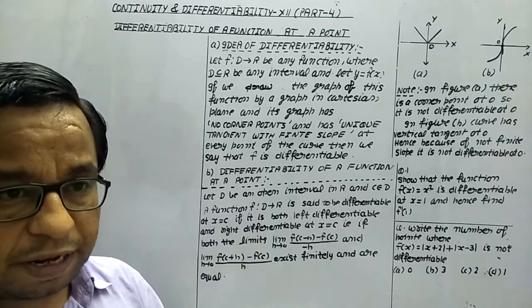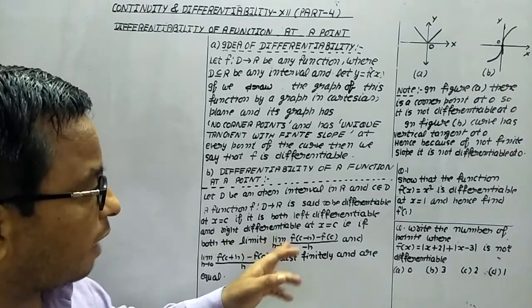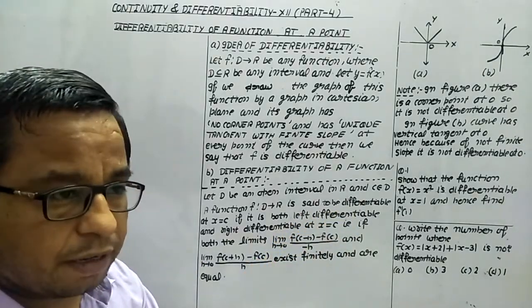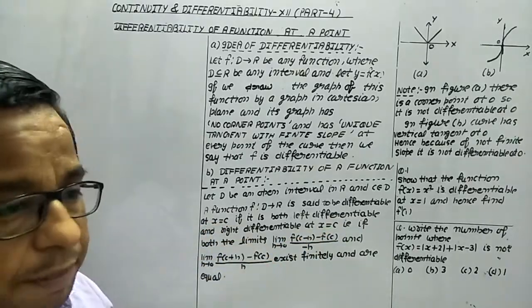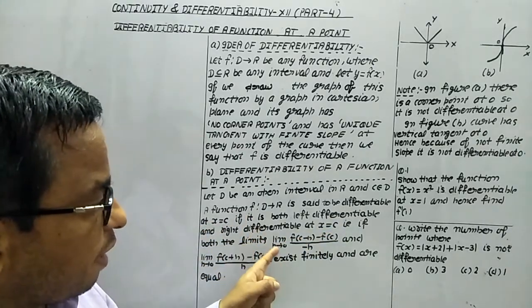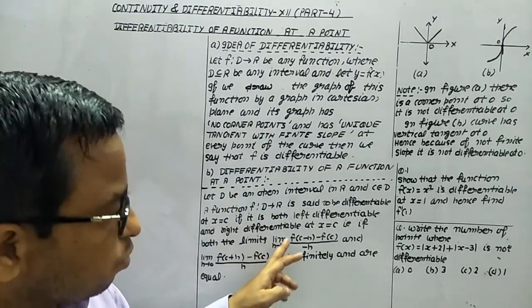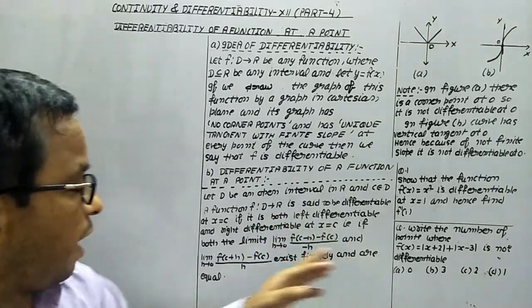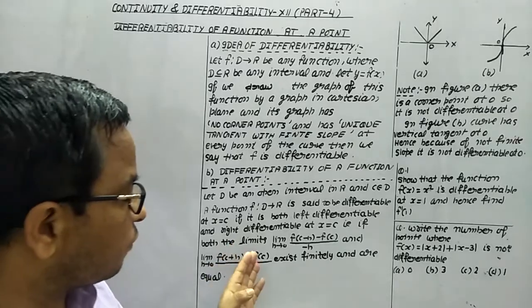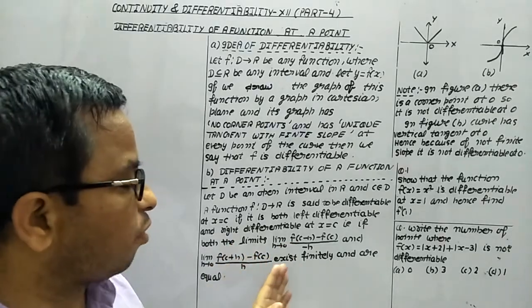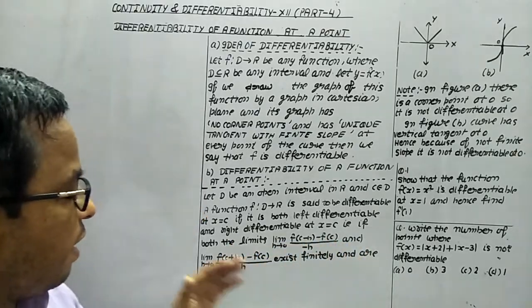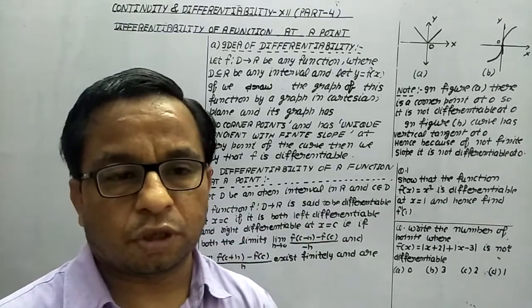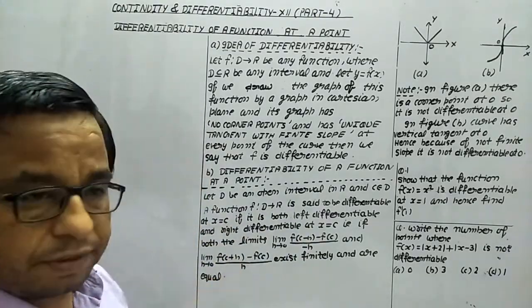Mathematically, we take x equals c to be any point, and if both the limits, this is the left hand derivative, limit h tends to 0 of f(c minus h) minus f(c) upon minus h, and limit h tends to 0 of f(c plus h) minus f(c) upon h, exist finitely and are equal, then it is differentiable. So the formula is slightly changed.